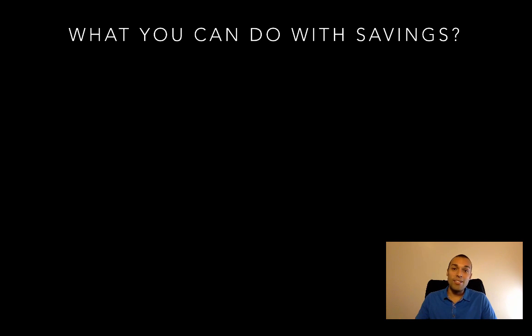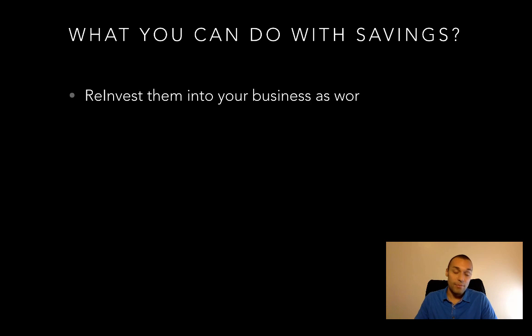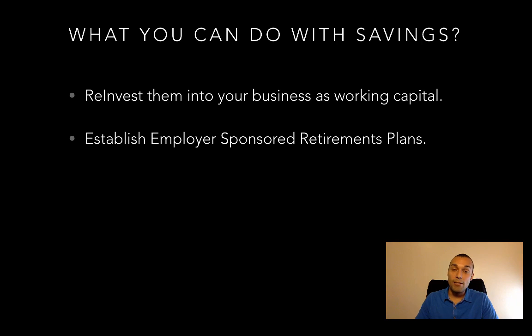And basically, what you can do with the savings, sometimes I give some advice there. I tell my clients to either reinvest it into your business as working capital, hire more employees with that savings, or establish an employer-sponsored retirement plan. You have the really cool option of setting up, let's say, a SEP IRA for yourself, or a SIMPLE IRA, or a solo 401k, or if you haven't done it at the individual level, setting up a traditional IRA or a Roth IRA.